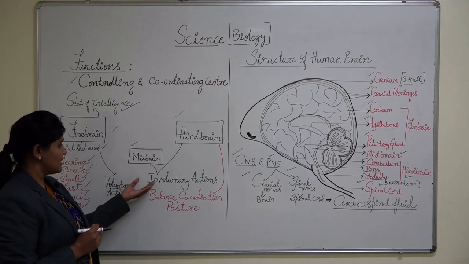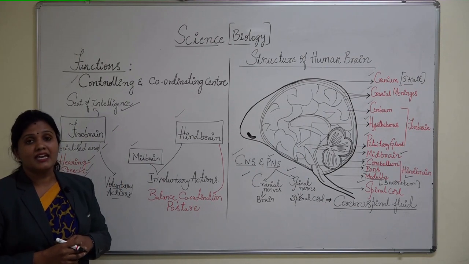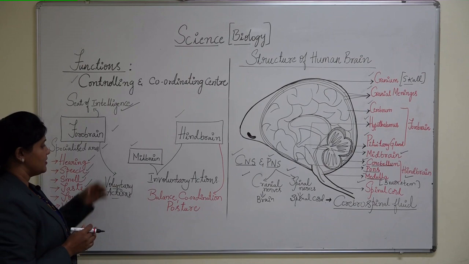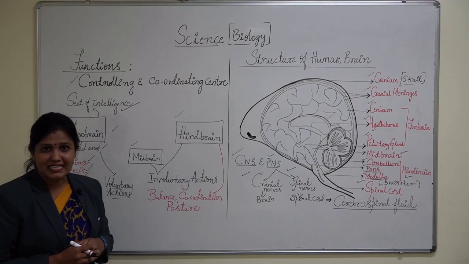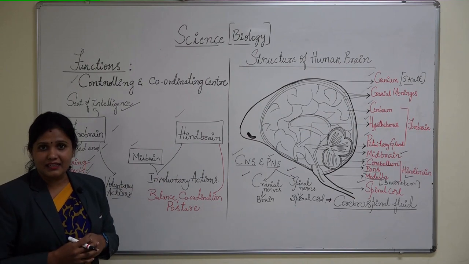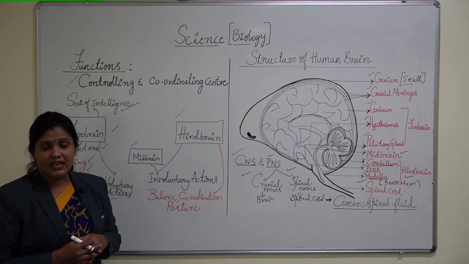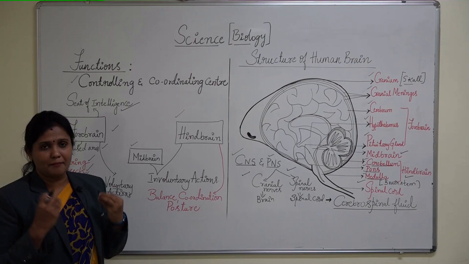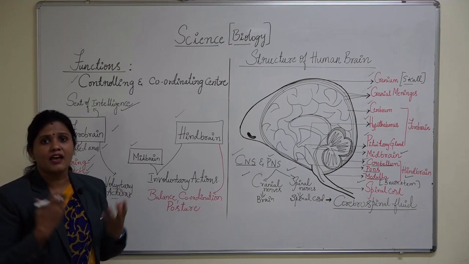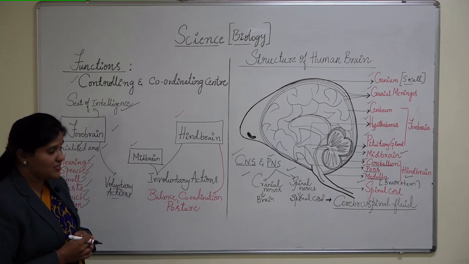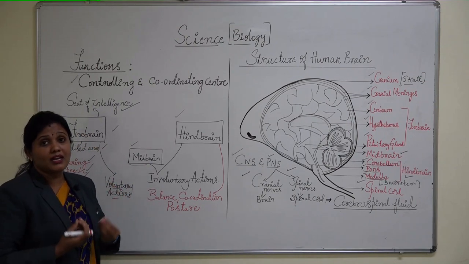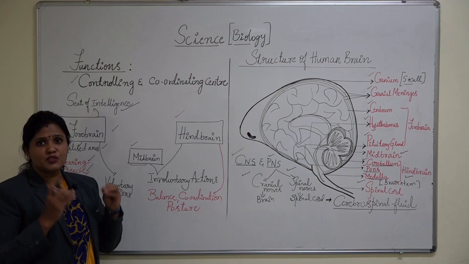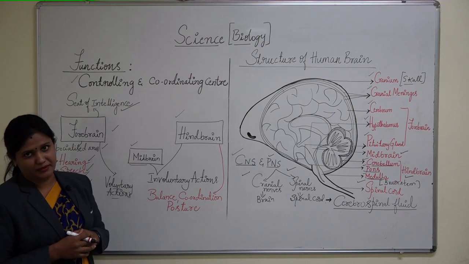If we take involuntary actions as an example, involuntary actions are under the control of the midbrain and hind brain. For example, the sleep and wake cycle and temperature regulation. If we crave certain food, our mouth waters. All these involuntary actions are under the control of the midbrain. Why do we name them involuntary? Because they happen without our conscious control.